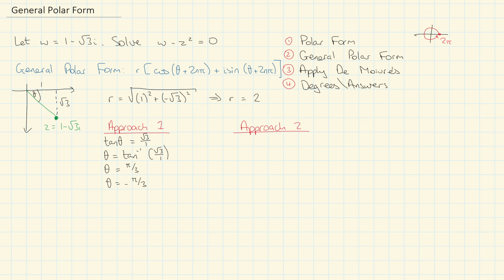Or else for approach 2, we'll subtract. So this one here will be 2 pi minus alpha. So you get tan alpha equals root 3 over 1. Alpha is tan inverse of root 3 over 1.